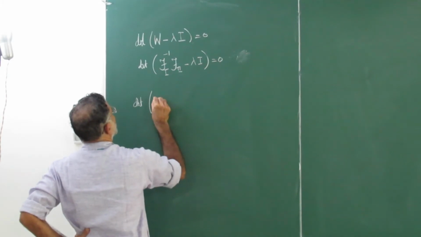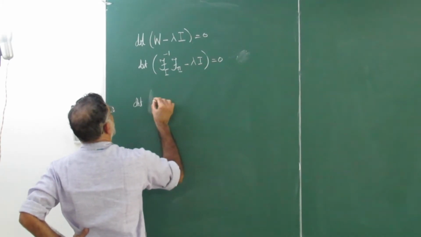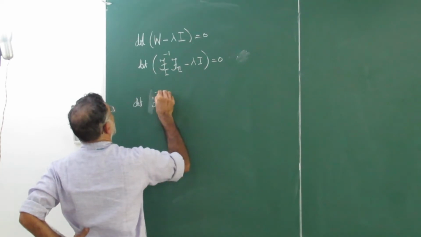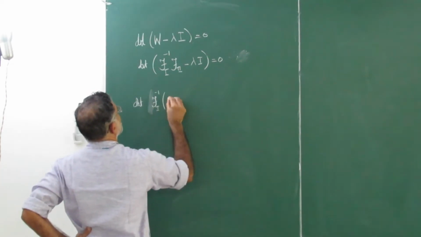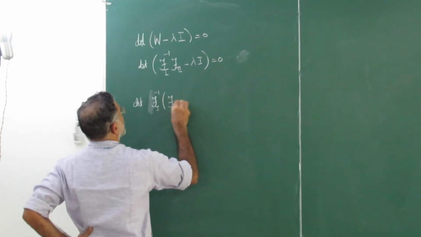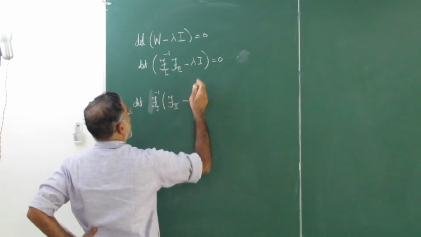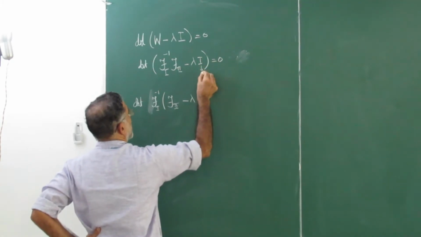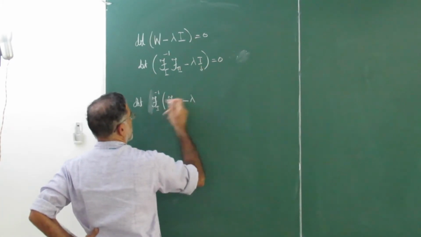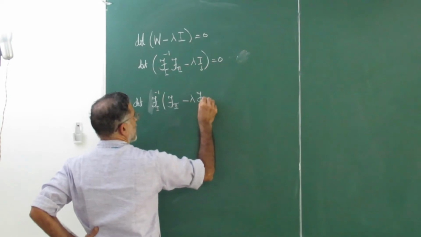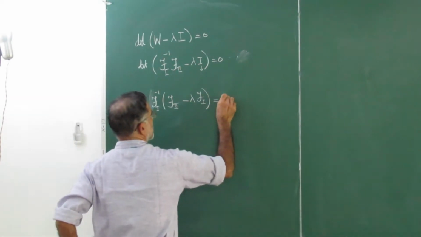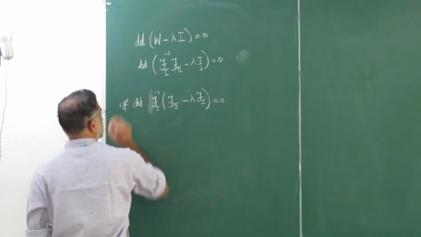So let us take this F1 inverse outside. So this will be F2 minus lambda I. Of course, I can be written as F1 inverse F1, in which F1 inverse is taken out, so F1 will remain. So this is the same, if and only if this will happen.